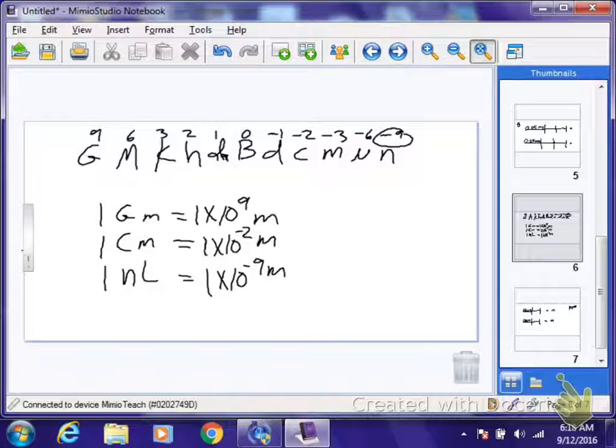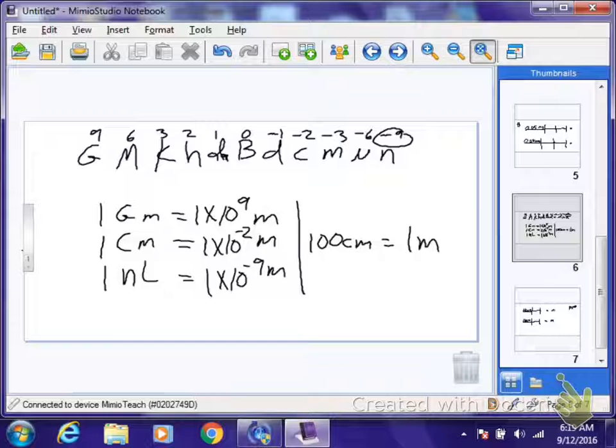Now, for those who maybe do it a different way, for example, for centimeters, some of you have known and memorized that there's 100 centimeters for every 1 meter. If you want to do it that way, you can, but if you notice we get into these pretty big exponents. What we've learned in the past can work, but it's just too big of numbers, too small of numbers.